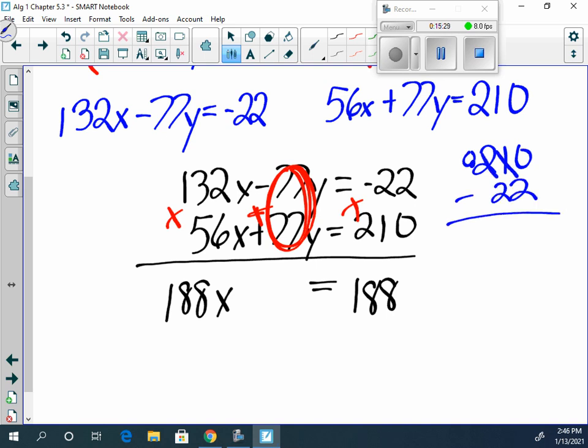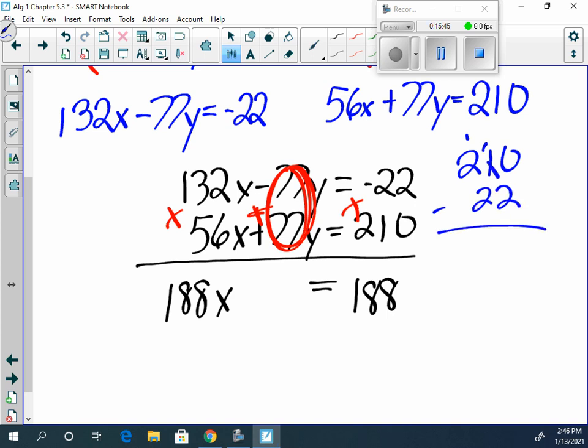Well, I can't do 2 from 0, so I borrow 1. 10 minus 2 is 8. 8 and 1.